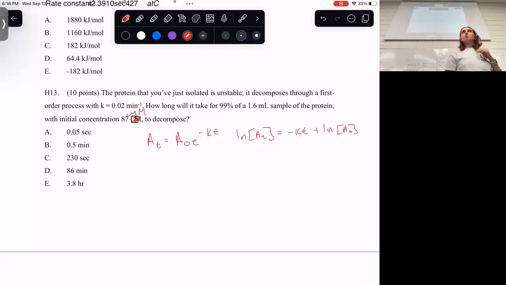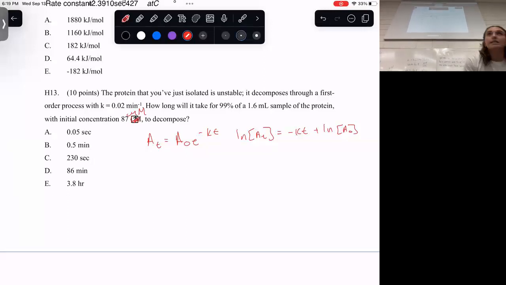I believe those are the two forms, if I'm not mistaken. Either one of these will work for this one. I prefer to work in the straight line plot, so that integrated with the ln, but you are more than welcome to do the A_t one as well. Any questions so far on what we're doing? Okay, I'm gonna solve using the ln just because I've done that before.